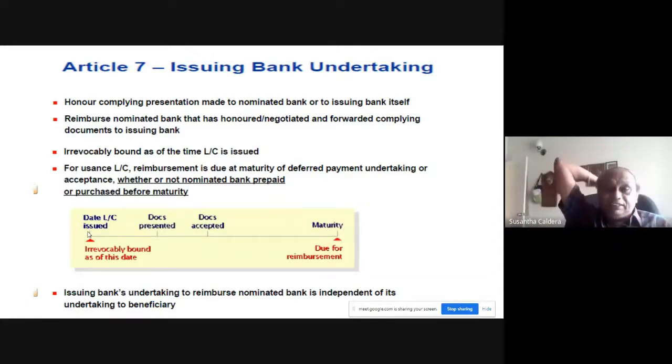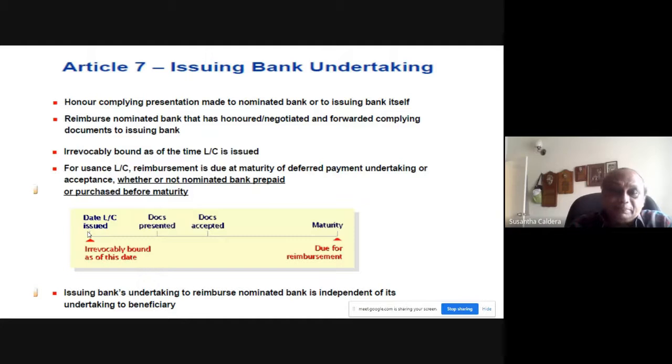For usance LCs, reimbursement is due at maturity of the deferred payment undertaking or acceptance, whether or not the nominated bank prepaid or purchased before maturity. What do you mean by that?